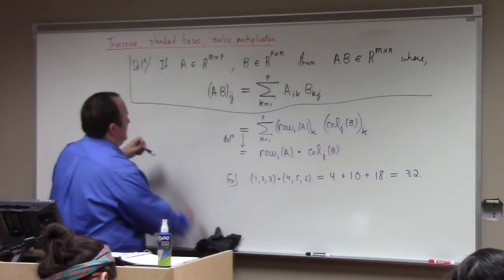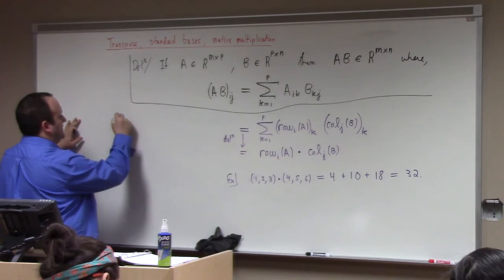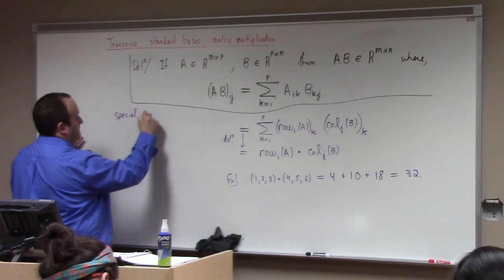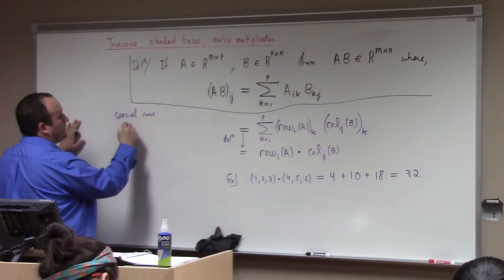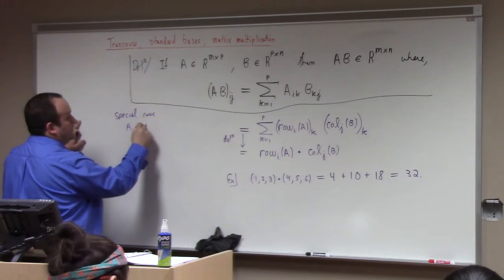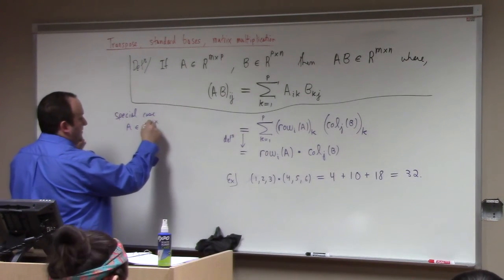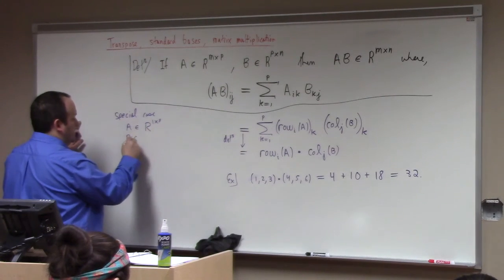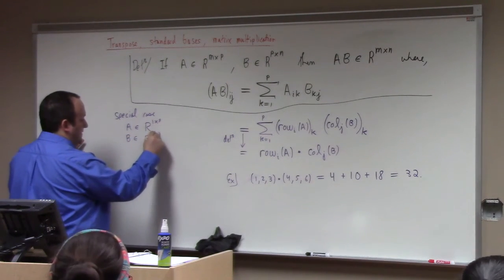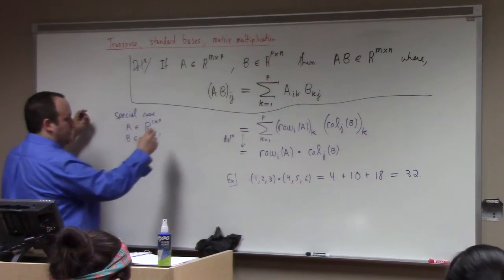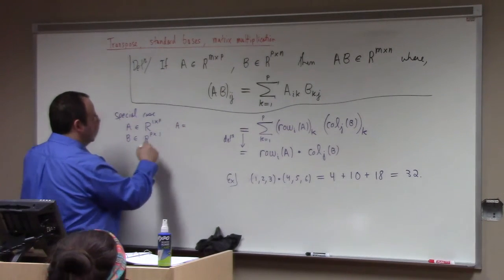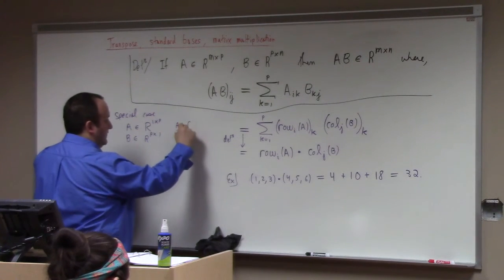Let me talk about that special case just briefly. Let me just be less mystical about it. If we have A in R^(1 by p), and B an element of R^(p by 1), what's that mean? A looks like what? A row vector, right?